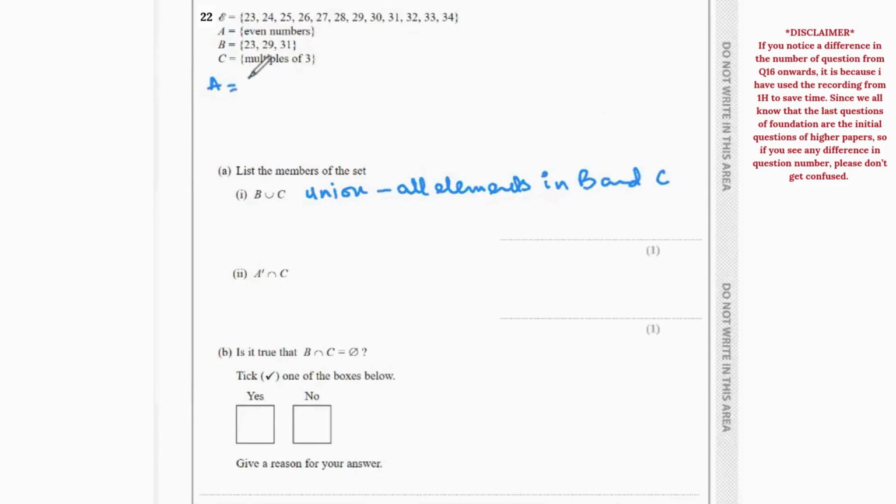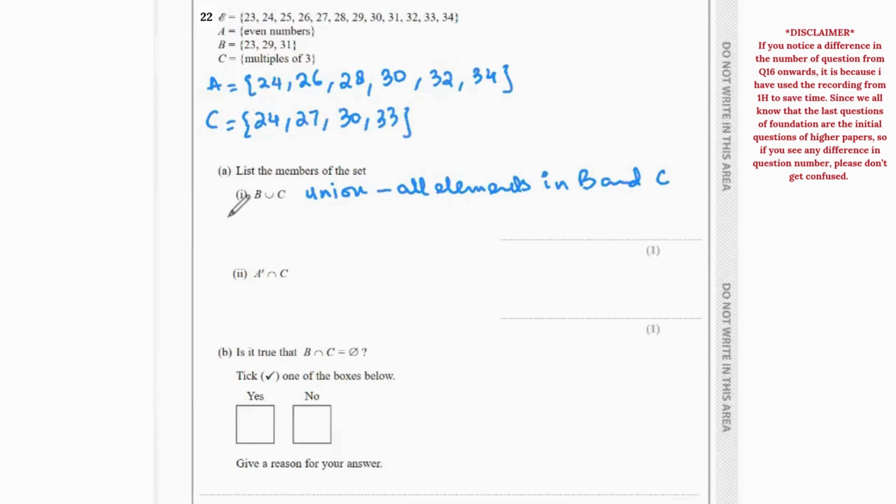A is an even number, so that's going to be 24, 26, 28, 30, 32, and 34. For C, multiples of 3, that's going to be 24, 27, 30, and 33.